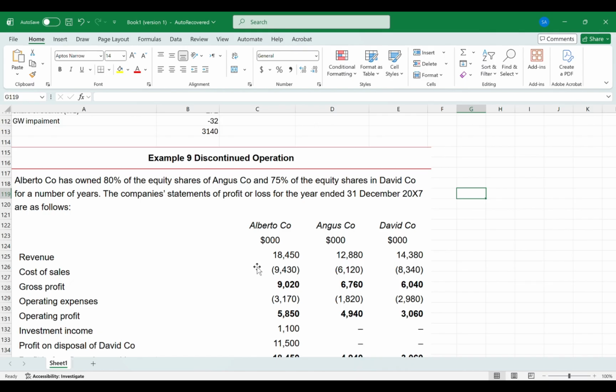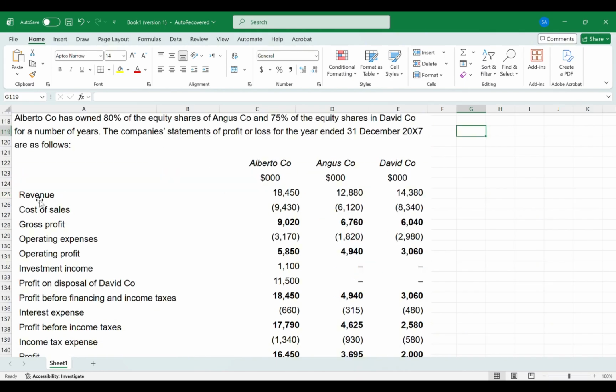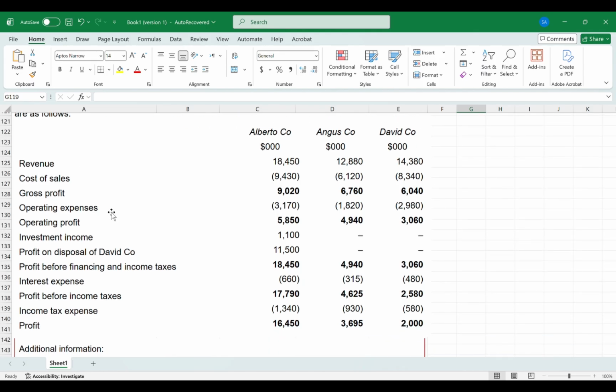So you see here, they have started with revenue. So we'll also start our consolidated statement with revenue. So we have revenue, cost of sales, gross profit, operating expense, profit, investment income, profit, interest, income tax, profit, all those things we'll have. And with this, we'll be having the additional stuff that arises out of consolidation, right?